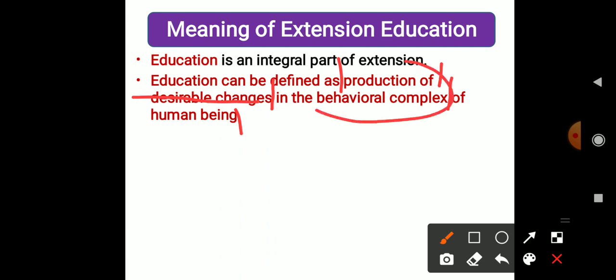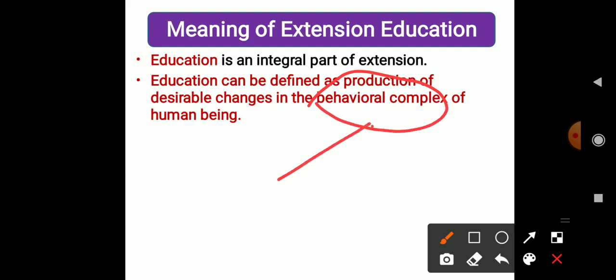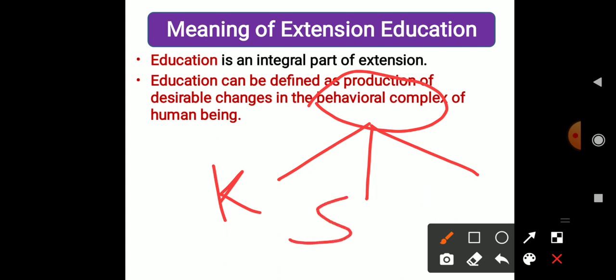Now, what is the behavior complex? We have to focus on it. Behavior complex includes three things. In each and every human being there is a behavior complex, and that behavior complex consists of three concepts. One is knowledge, second is skill, and third is attitude.